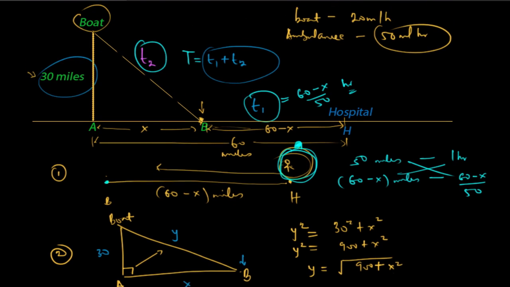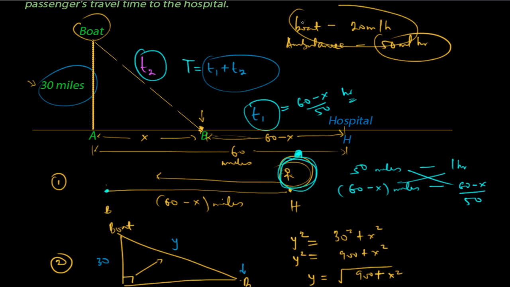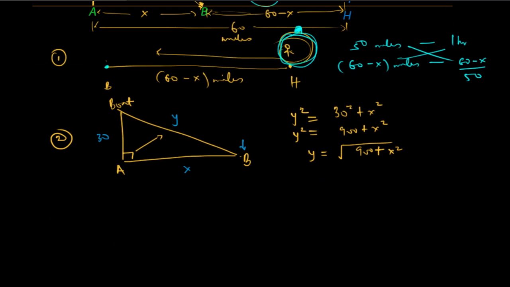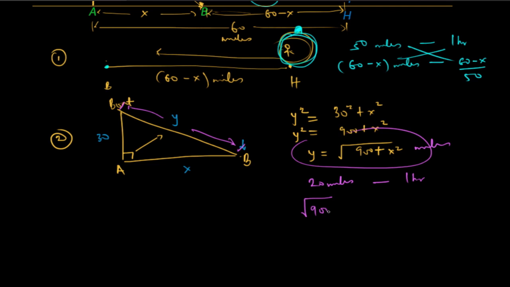It doesn't stop there. We are told that the speed of the boat is 20 miles per hour, so 20 miles in 1 hour. The distance from here to here, which we have gotten, is root 900 plus x squared miles.